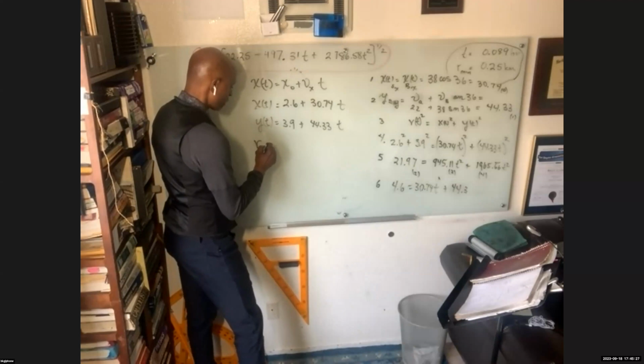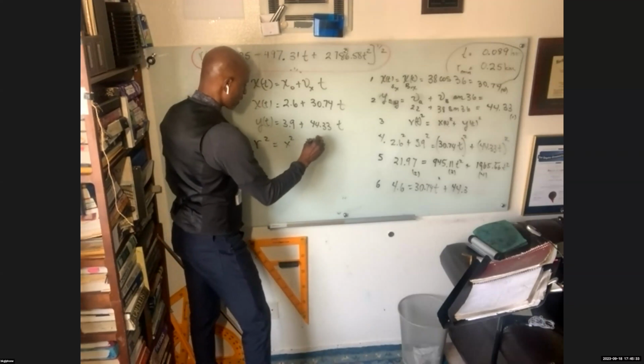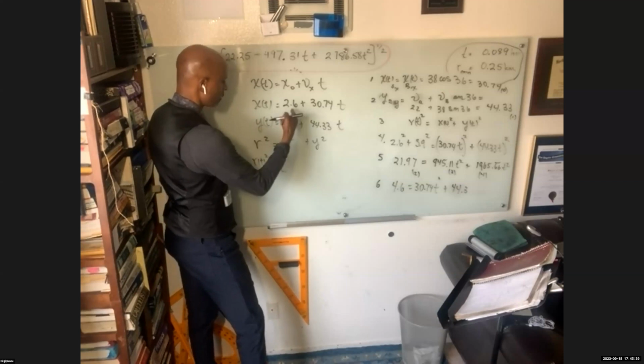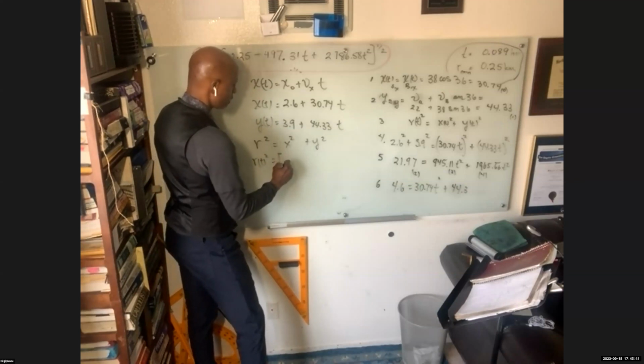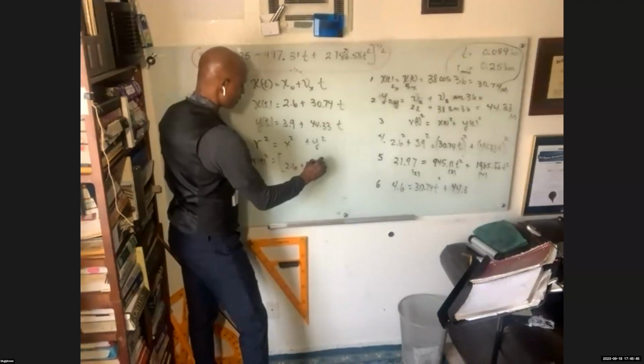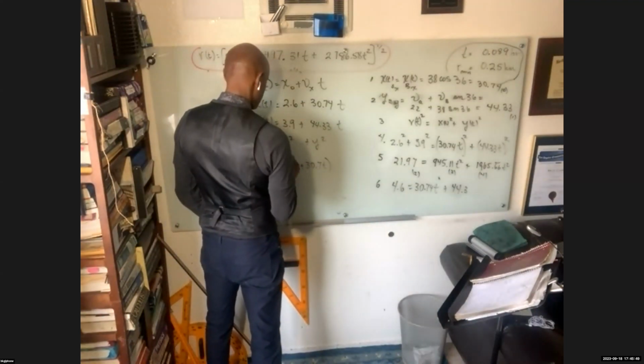R squared is equal to x squared plus y squared. So R of t squared then is equal to the square root of x squared, which is 2.6 plus 30.74 t, squared.